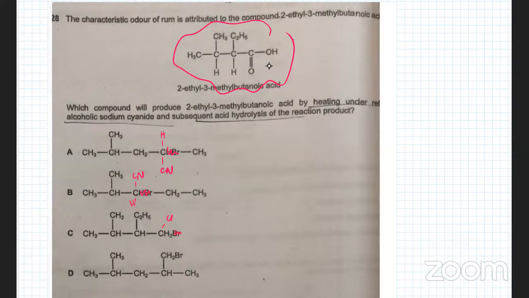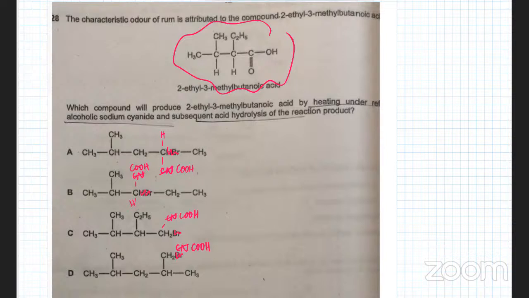And over here as well, the Br will get replaced by CN, and this Br over here will get replaced by CN. What's the next part? Subsequent acid hydrolysis. What happens when hydrolysis happens? The CN over here gets converted to carboxylic acid. So all these CNs are going to change into COOH. This one would also change into COOH. This nitrile also changes into carboxylic acid.